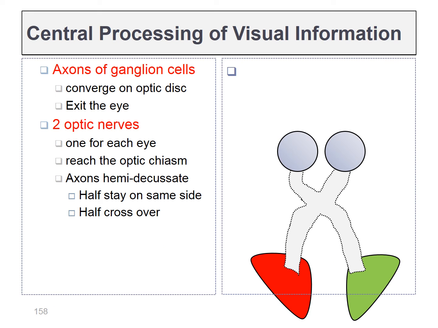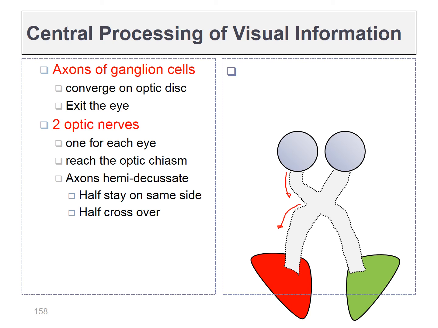Next, we need to discuss the optic chiasm. The two optic nerves, as they leave the eyes, join to form this X-shaped optic chiasm, and then two optic tracts extend back to the brain to connect to the thalamus, which will relay this information to the occipital lobe. None of the other cranial nerves do this.